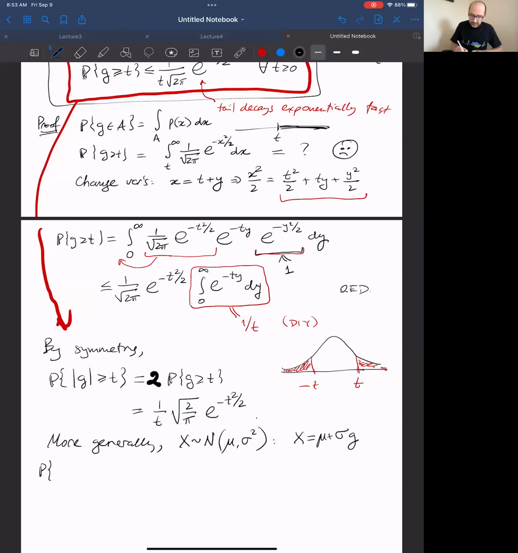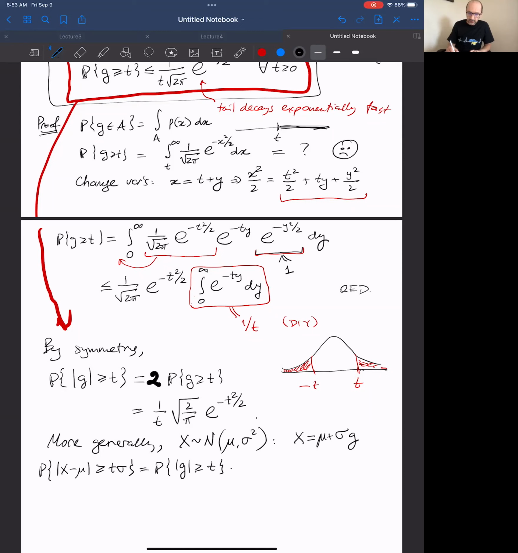And so the probability that x minus mu is greater than t sigma, that's the tail of the error bound. That's the same as g is greater than t, if you just divide both sides by sigma. Get it?